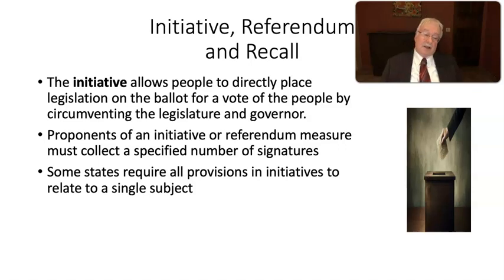And then they're in this dilemma where, should I vote for this to get what I like and hold my nose about what I don't like, or should I vote against it? So a single subject rule reduces this possibility. It doesn't eliminate it, but it reduces the possibility. So if it's an education matter, then everything has to be related to education. You can't slip a transportation or criminal justice issue into the bill.